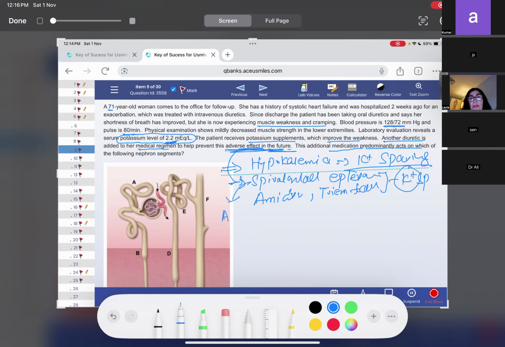The first two are aldosterone antagonists, and amiloride and triamterene are ENaC blockers.